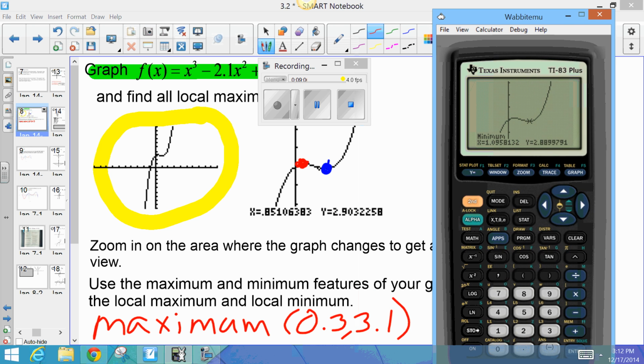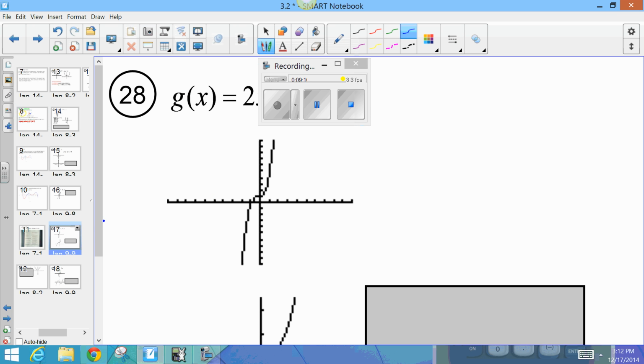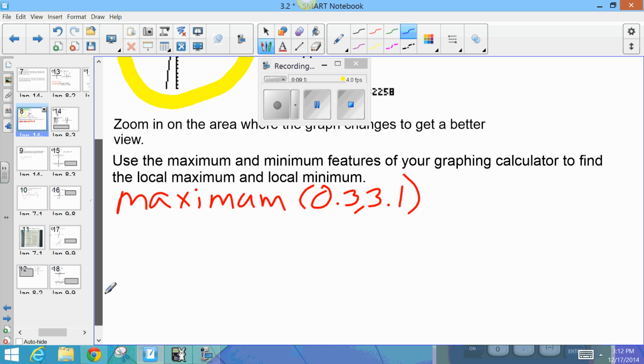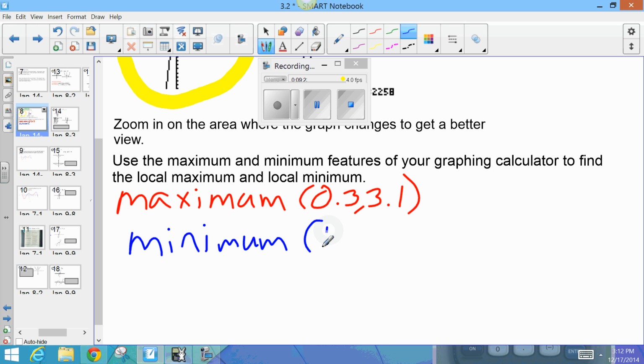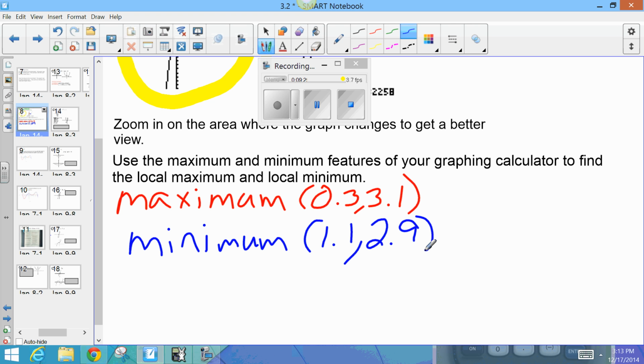Okay, so the minimum is at 1.1, 2.9. Okay. That's it for that lesson.